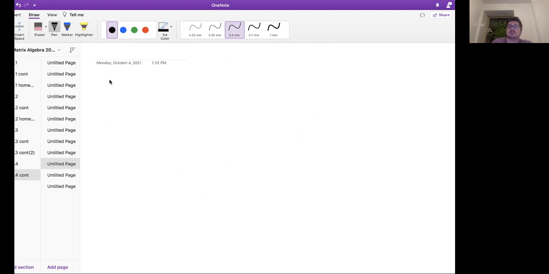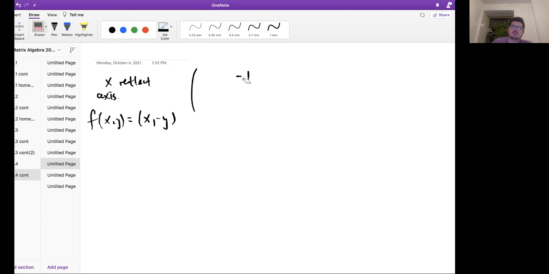How about the X reflection? How do you undo an X reflection? So first of all, what is that? You negate the Y, right? So that's 1, 0, 0, -1.